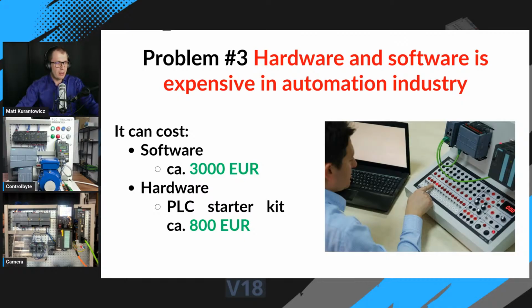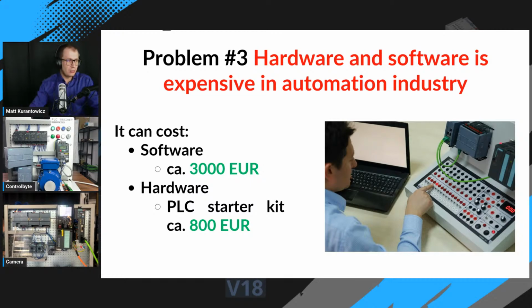And problem number 3: hardware and software are expensive in the automation industry. Such a stand costs about 3,000 euros or more, and a PLC starter kit for one PLC is about 800 euros. That's why it is really expensive to jump into this industry.